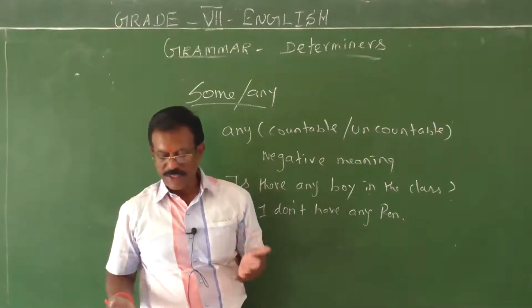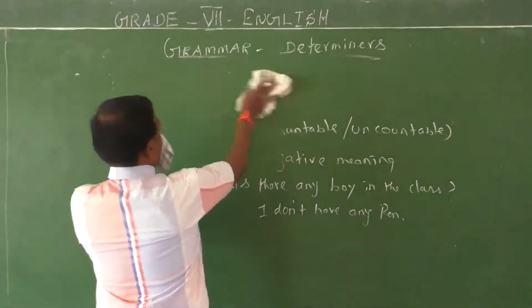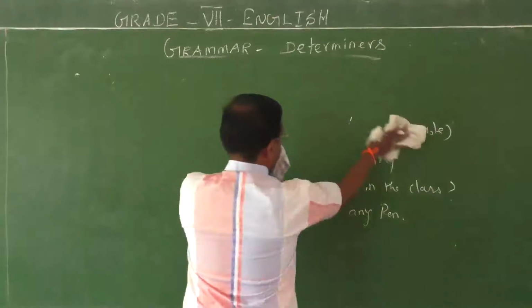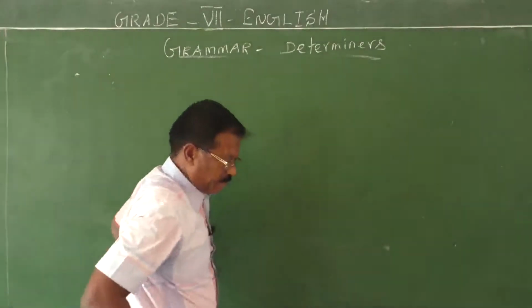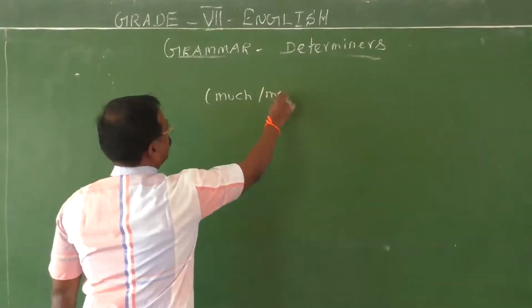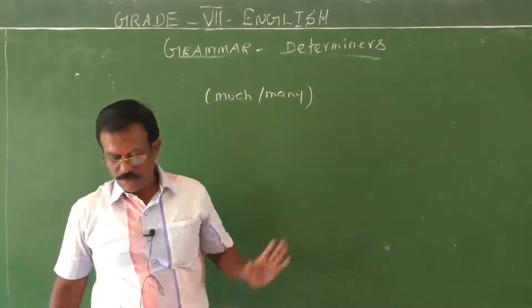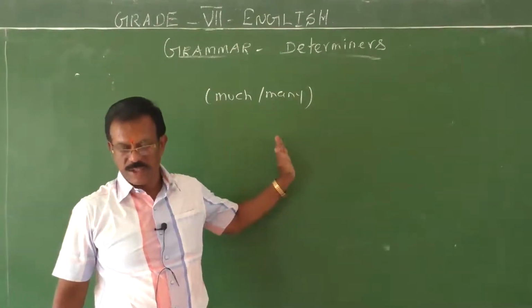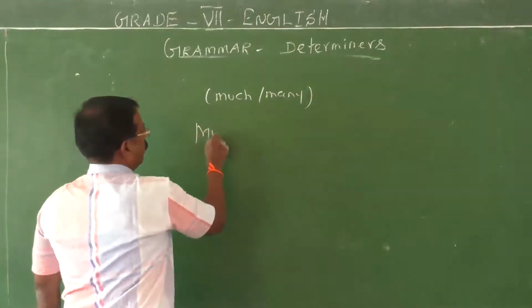Then much and many, other quantifiers. Much is used before uncountable nouns with reference to quantity. There is much sugar in the tea.